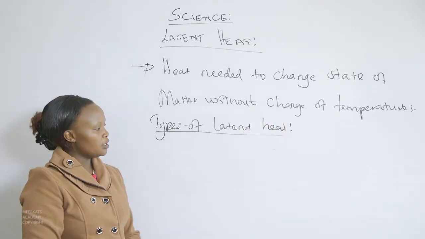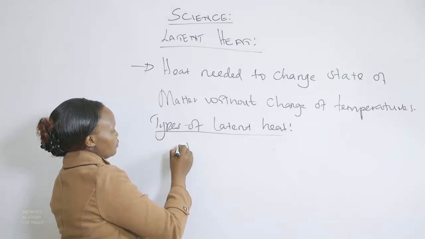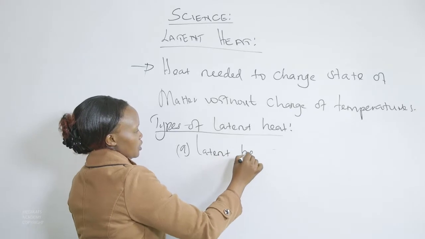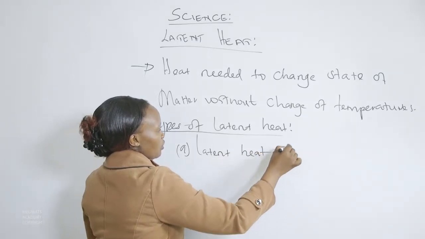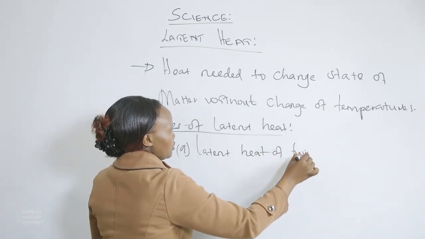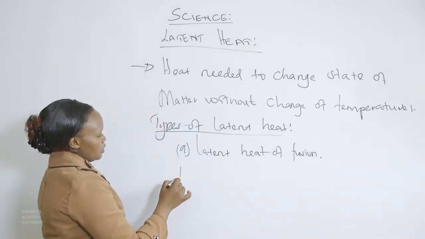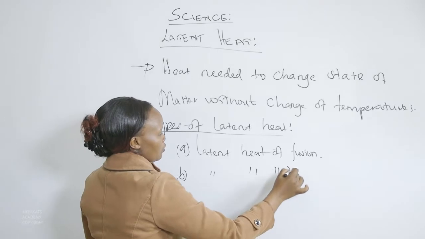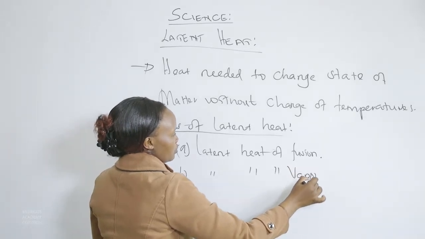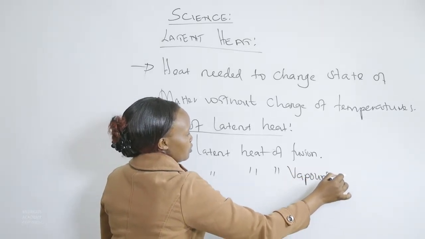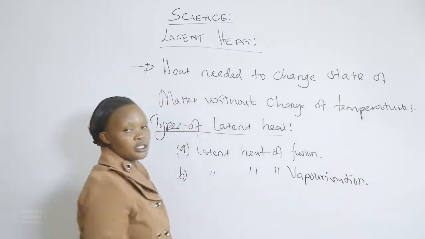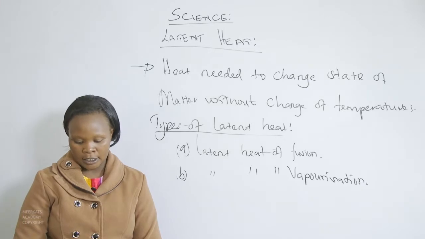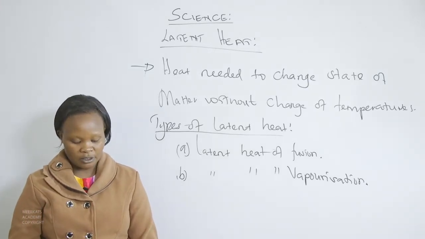Basically we have two: the latent heat of fusion and the latent heat of vaporization.